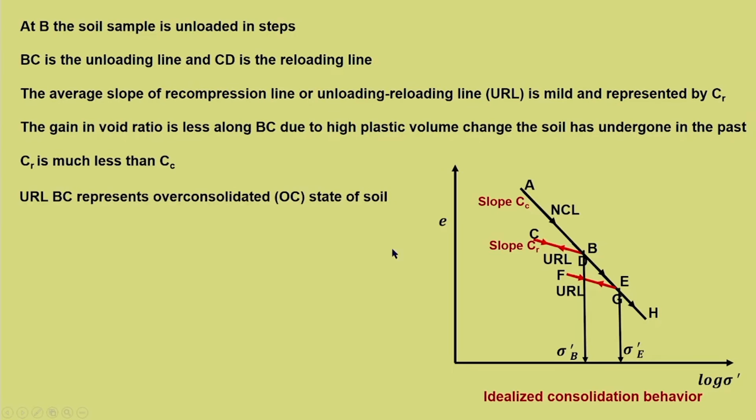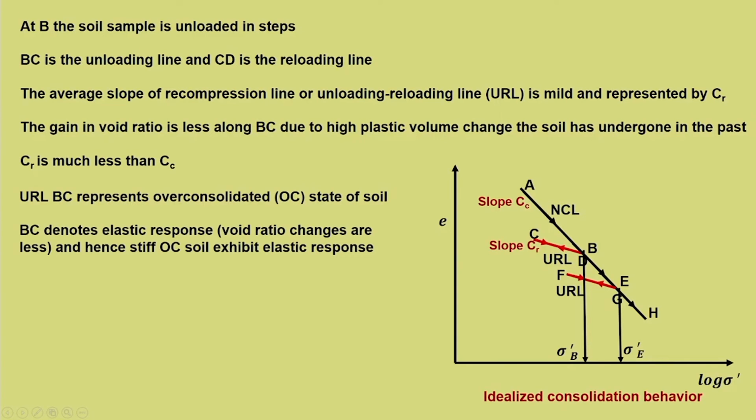Now, this particular stretch of response, URL BC, represents the over consolidated state of soil. Now, why is it over consolidated? At this particular point it has been unloaded. Now, if you consider any stress state along this line BC, this stress state is less than what it has been subjected to in the past, that is sigma dash B is the stress which it has been subjected to.